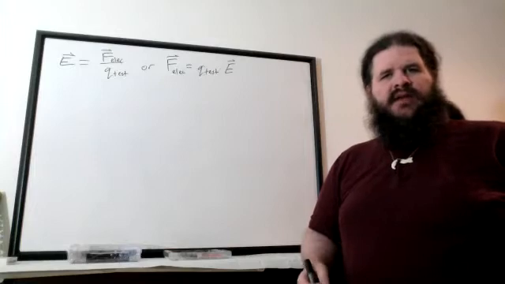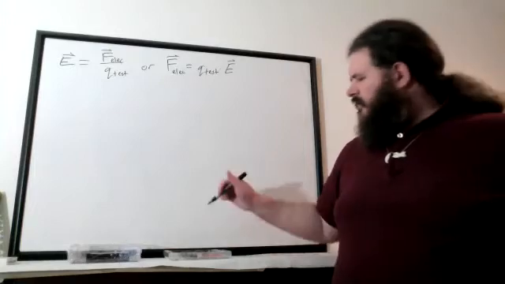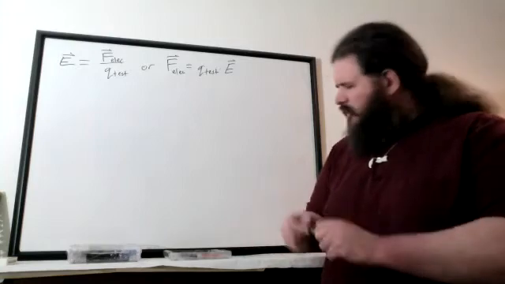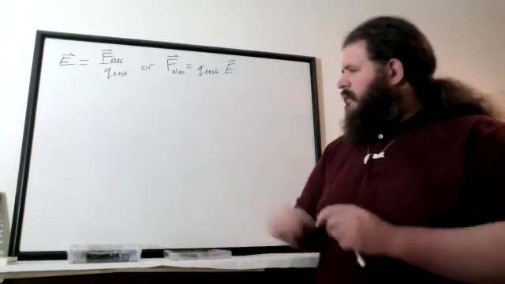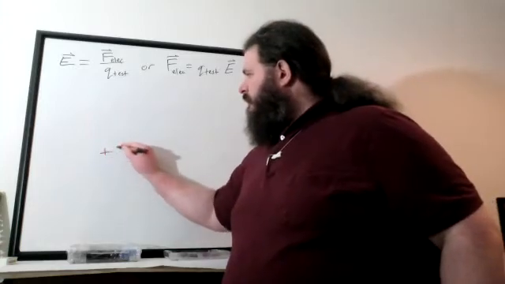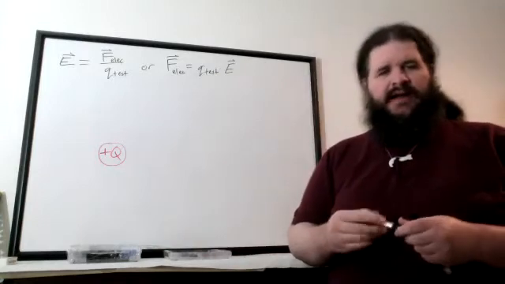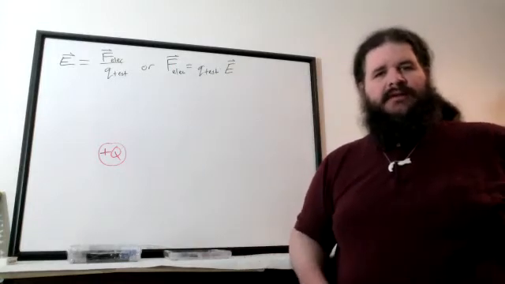And let's say we have an electric field already established. Well, first of all, let me just take a look at what those would look like. If you've just got some positive source charge, what would the electric field caused by that look like? What would be the general shape there?